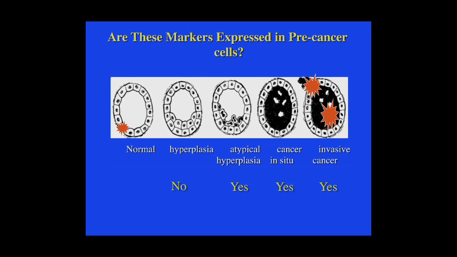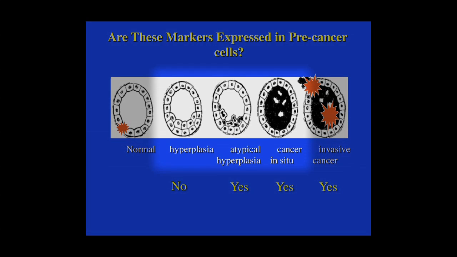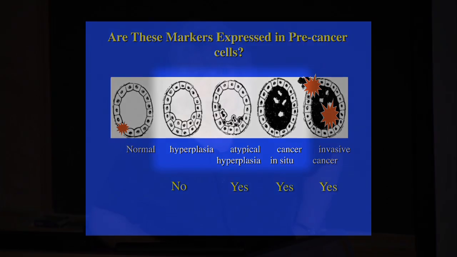And it's turning out that that's probably the case, because you can see these patches of cells, as I told you, in areas of pre-malignant lesions. And these people are at an increased risk for cancer. So far, everything is going hand in hand.